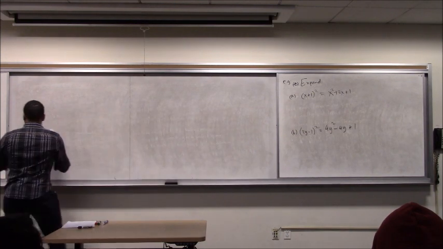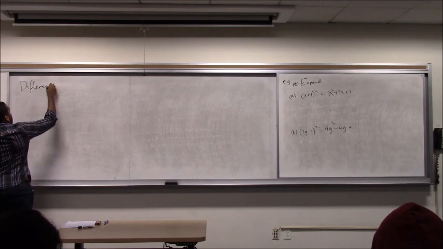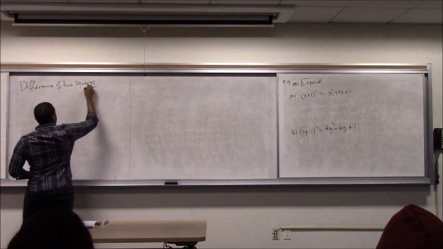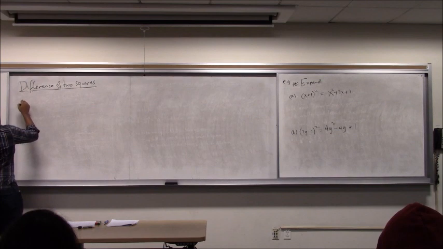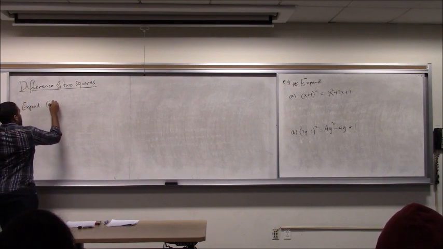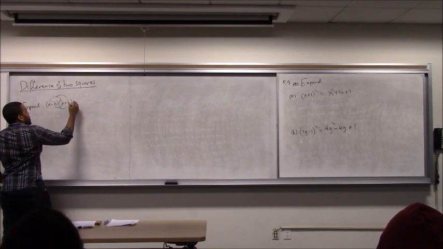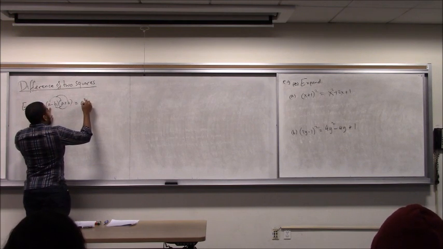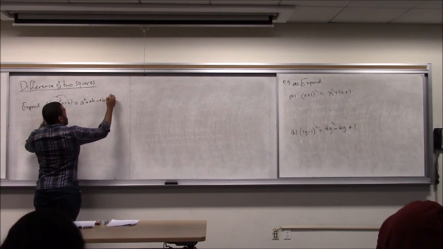Difference of two squares. It turns out if you expand something like a minus b times a plus b by doing the whole FOIL thing, you get a squared plus ab minus ab minus b squared.